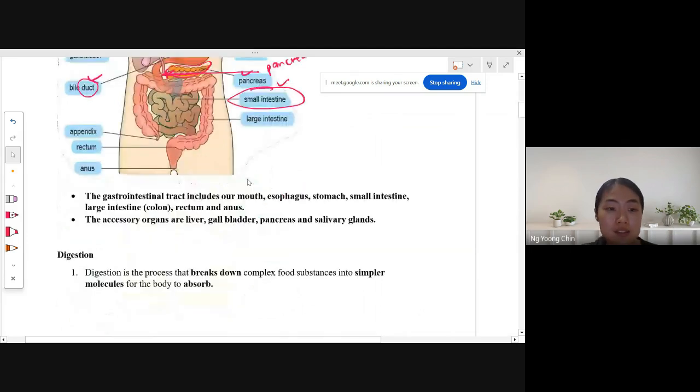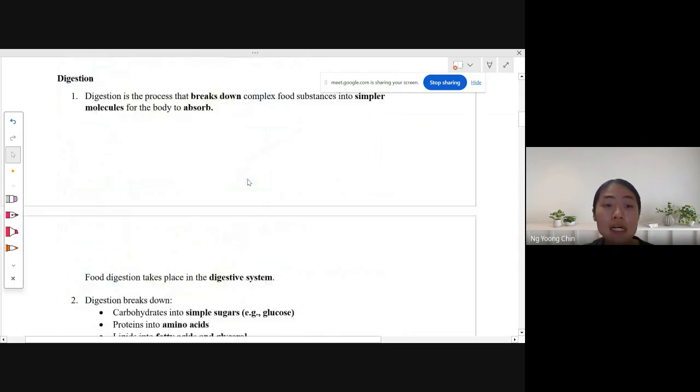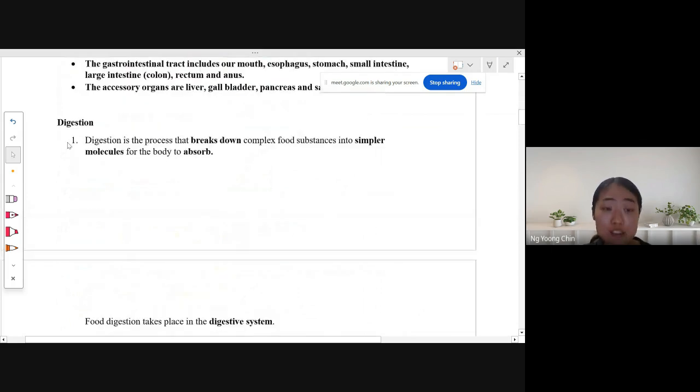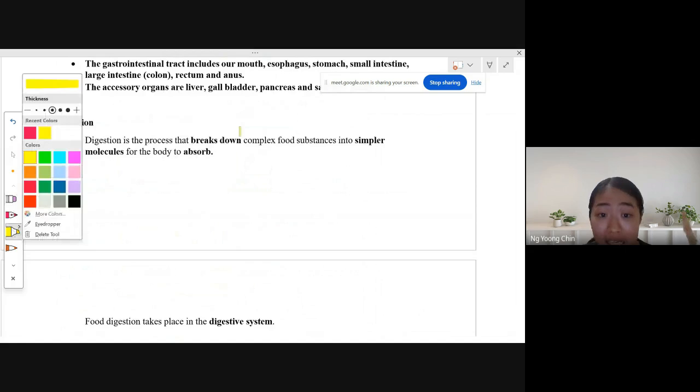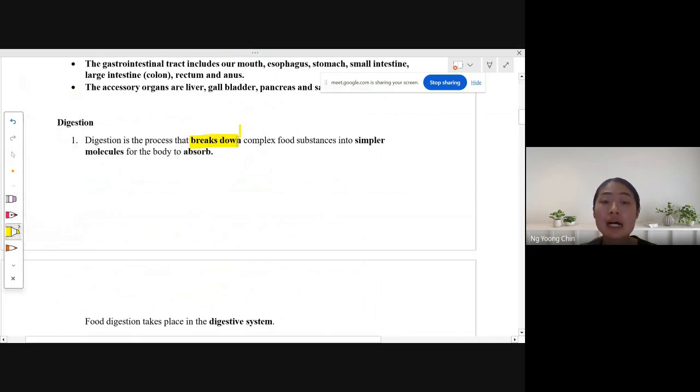Yeah, that's all. Okay, so you should know how to describe digestion, which is a process. It involves the breaking down of complex food. See, break down, the keyword. Please remember how to write it. Break down means 分解, 消化.